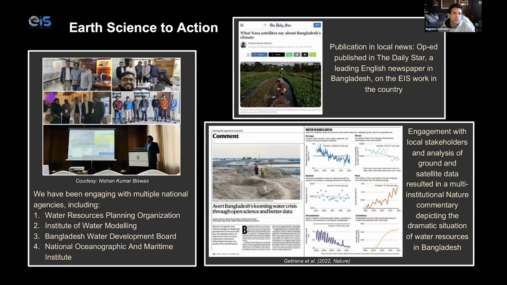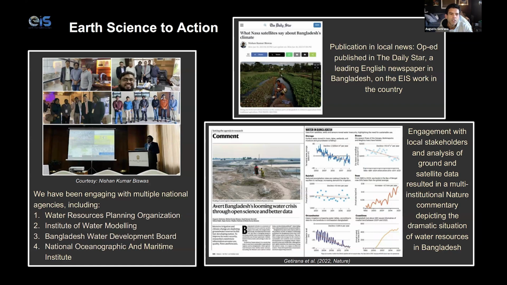So in terms of Earth science action, that was one of the points that Dennis presented. We've been very busy. On the left, there's a list of local agencies that we've been working with, and that work has granted us access to unique data, as I mentioned before. There are also some pictures here of our team member Nishan Biswas.